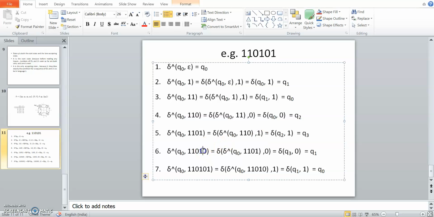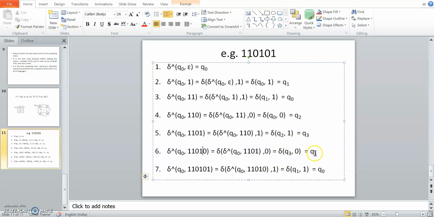Now next thing, 1 1 0 1 and 0. So I will divide this into XA form. X will be my 1 1 0 1 and input will be 0. Last symbol of the string is 0. So what is the delta transition function for 1 1 0 1? We already calculated in step number 5. That is Q3. I am at Q3 and now I read 0.